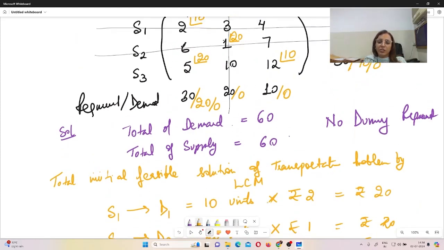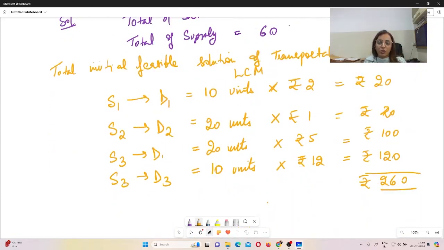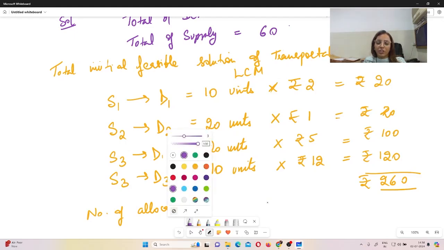plus n minus 1. So 3 rows are there, 3 columns are there, 3 plus 3. Write it over here. Number of allocations, how many allocations you have done. Number of allocations should be equal to m plus n minus 1. M over here is the rows and n is the columns, right?